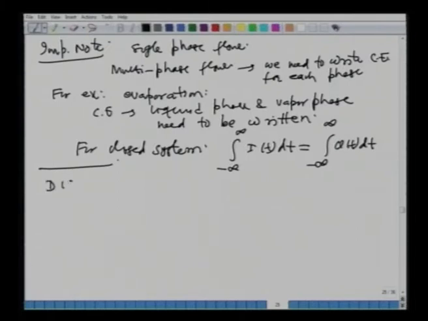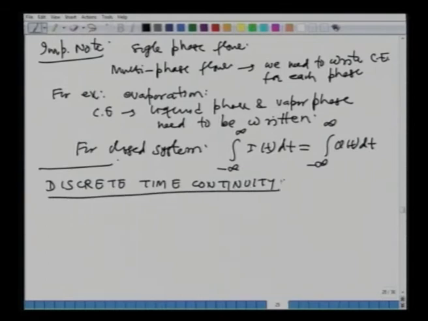Moving further, the next thing we are going to look at is what is called the discrete time continuity. As we know, most of the hydrological data are continuous in nature, or most of the hydrologic variables, I should say, are continuous in nature.